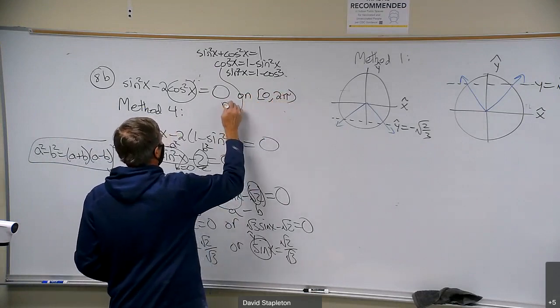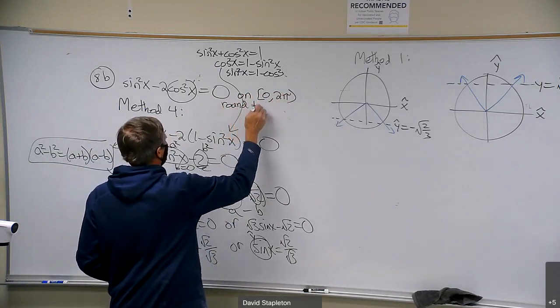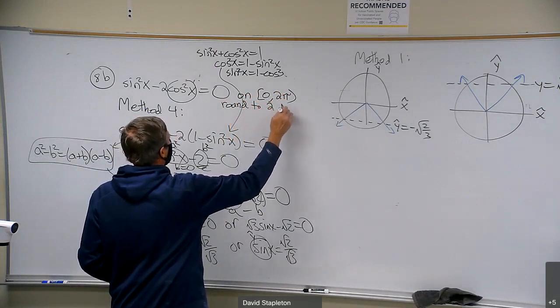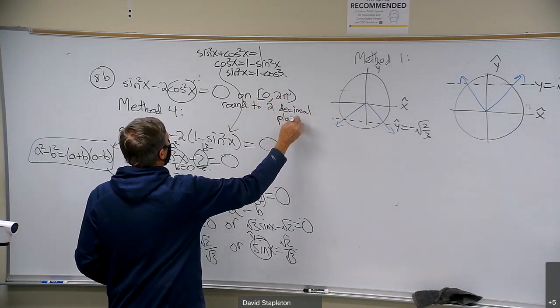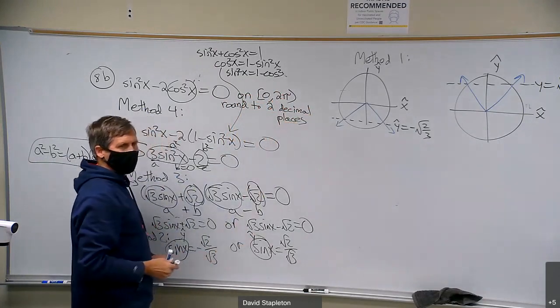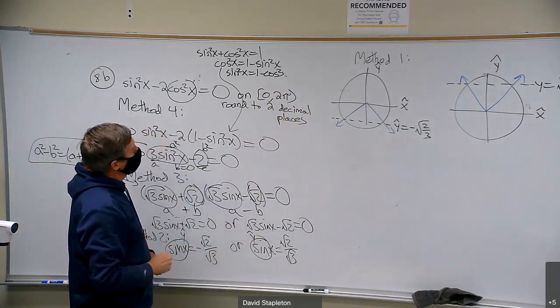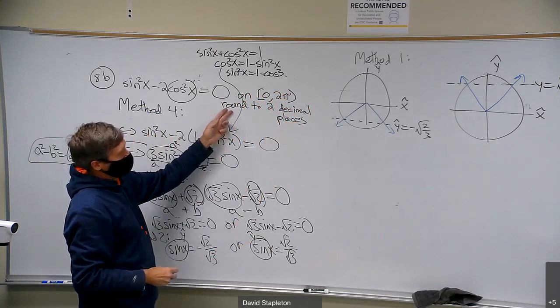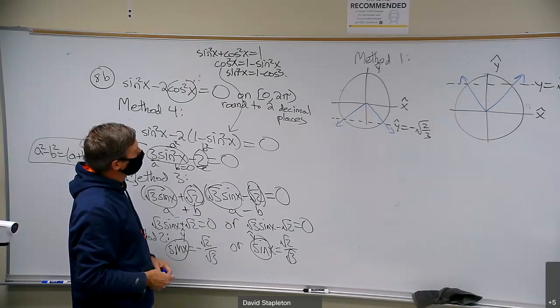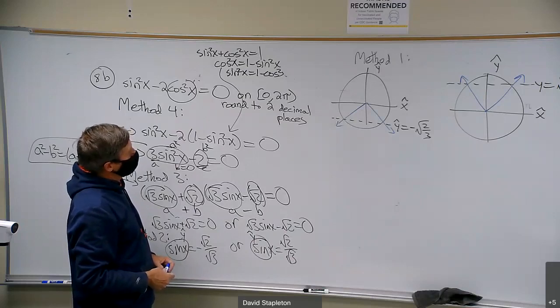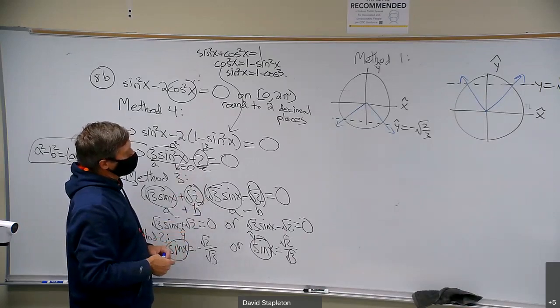And it says round to 2 decimal places. Why would it say that? If I say that in the test or you see it in the homework, rounding means it's probably not a special angle, right? If it's a special angle, I can write it in terms of pi and I'm all done. But if I say round, that means it's not going to be a special angle.